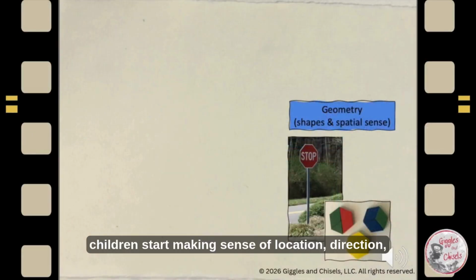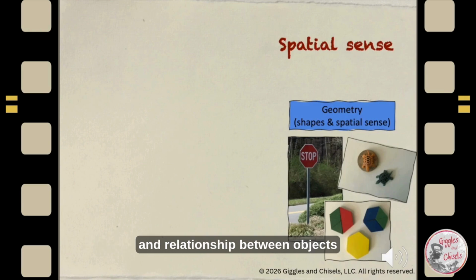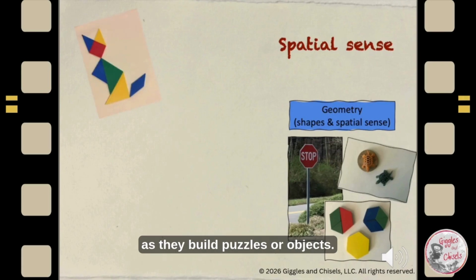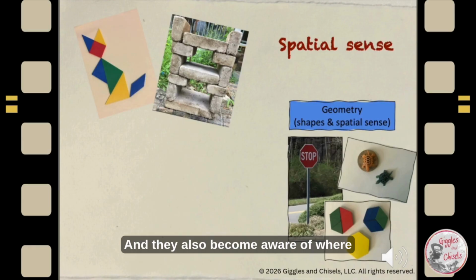Young children start making a sense of location, direction, and relationship between objects as they build puzzles or constructions, as they rotate or flip pieces. And they also become aware of where they are compared to others or within their surrounding environment.